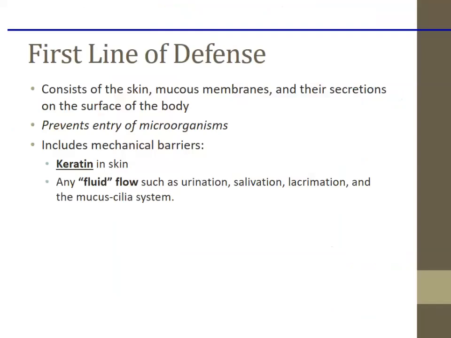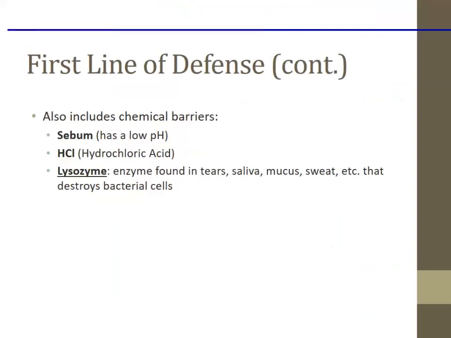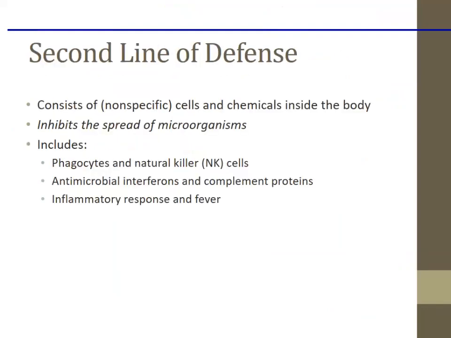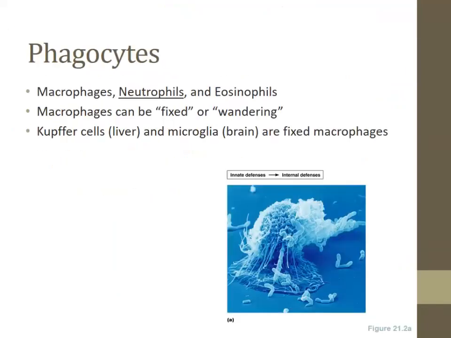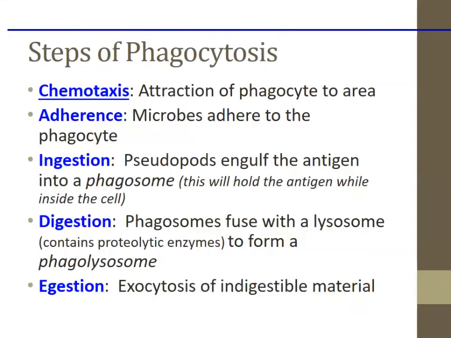This is first line, our skin, acid mantle right there, anything helping that barrier for first line. Second line, we've got macrophages, all the things we learned before, eosinophils, neutrophils. That's all part of your second line for phagocytosis. Anything that's non-specific, right?